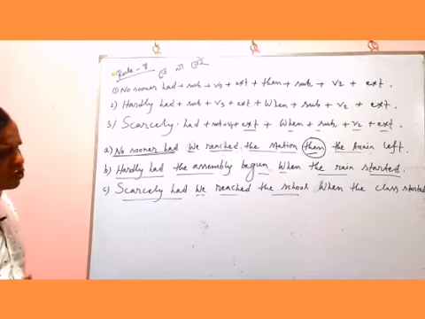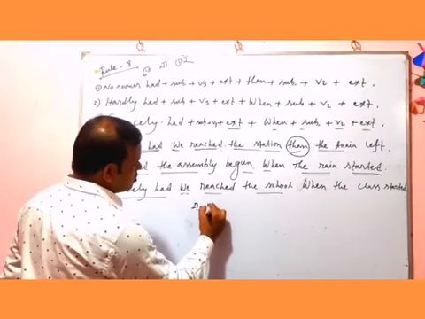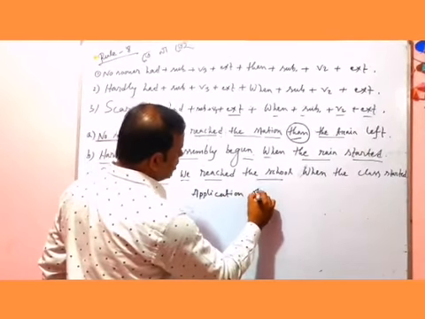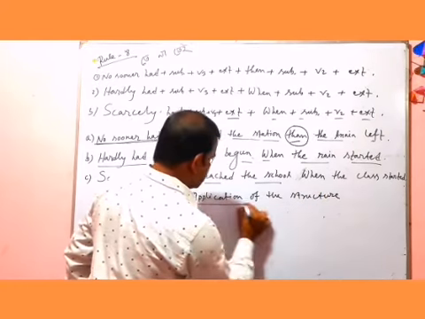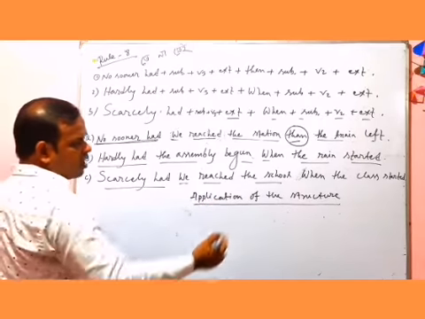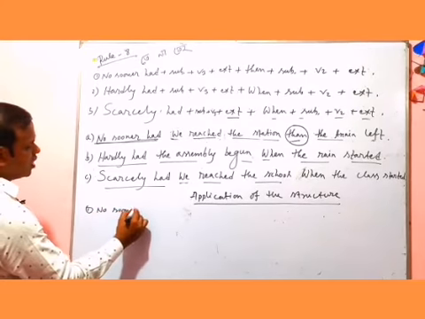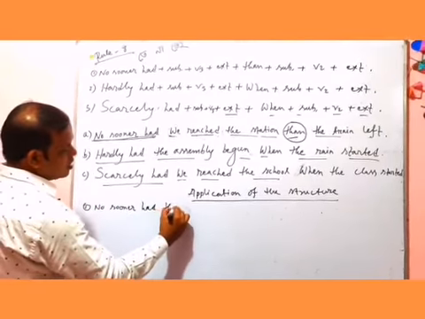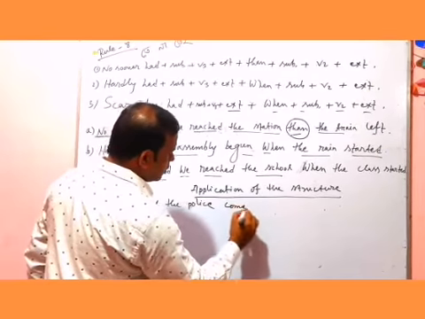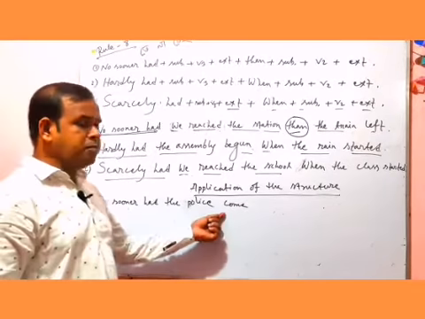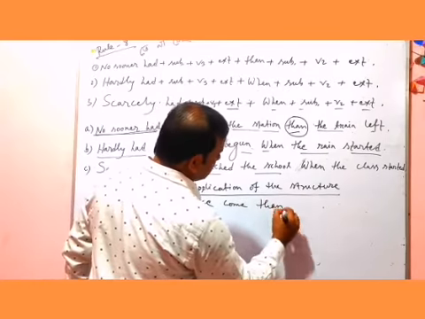Now try to complete the sentence. Application of the structure. First one, no sooner had the police come. Come is the past participle form here. Come, came, come. No sooner had is followed by then.